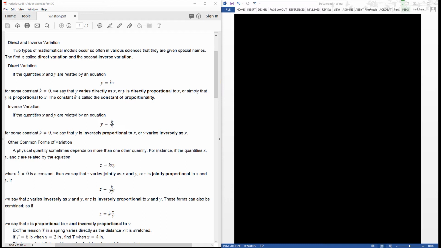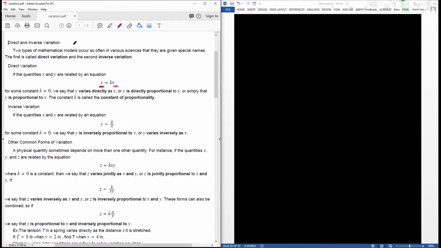What this is saying essentially is this: as x gets larger, y gets larger. As x gets smaller, y gets smaller. There's a direct relationship to how they change.